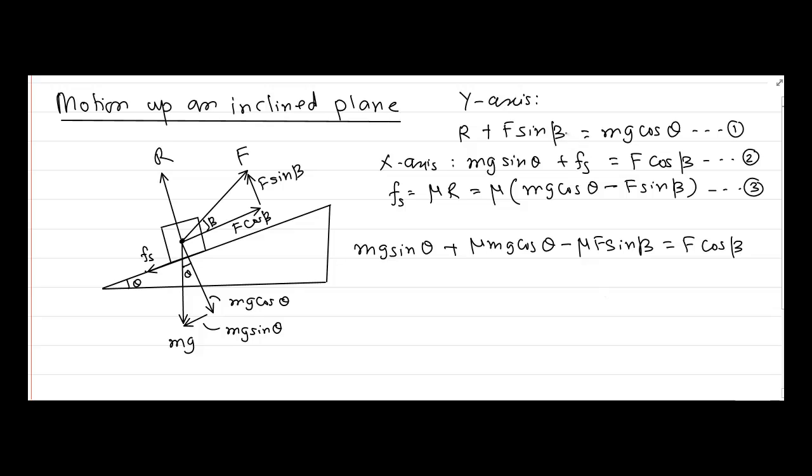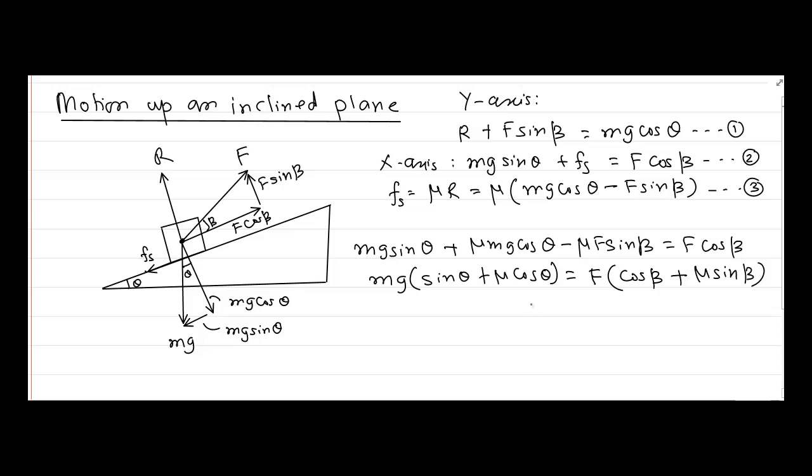So after using these three equations, I have got this equation, and now I will make F the subject of the equation. I will get mg into sine theta plus mu cos theta is equal to, taking this on the right hand side, F common, cos beta plus mu sine beta.